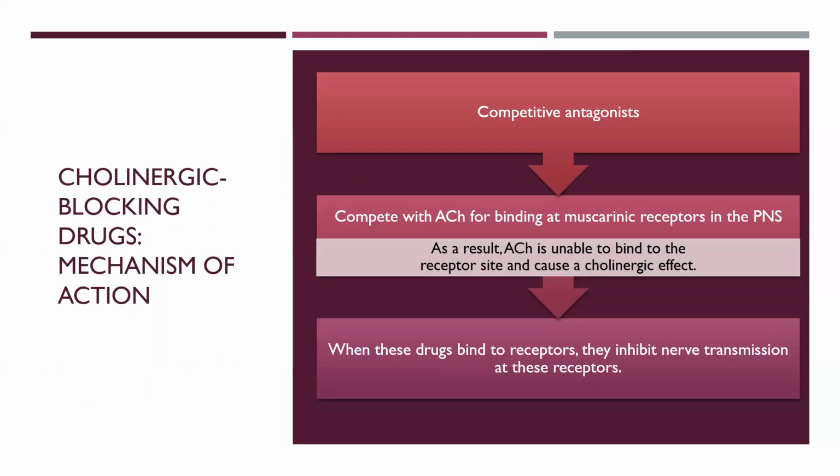So these drugs are competitive antagonists, which means that they're going to compete with the acetylcholine for binding at the muscarinic receptors. As a result, acetylcholine is unable to bind to the receptors and cause a cholinergic effect. When they bind to the receptors, they inhibit nerve transmission at these receptors. So basically, they take the place and block those cholinergic effects.